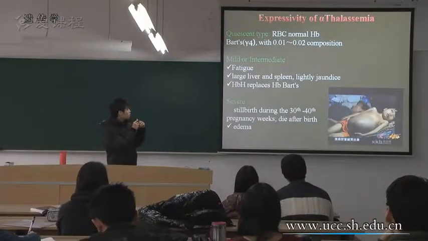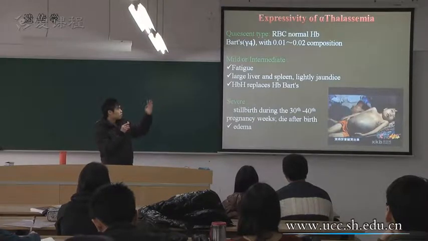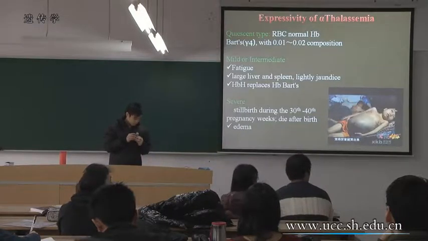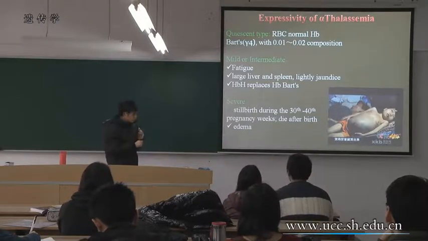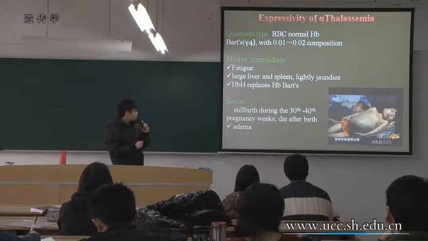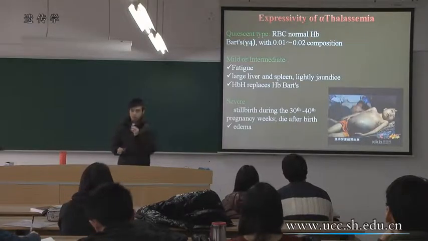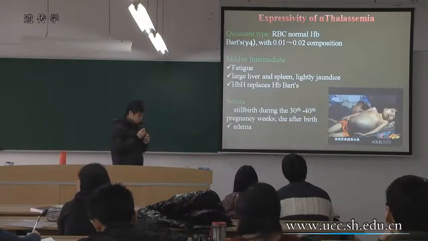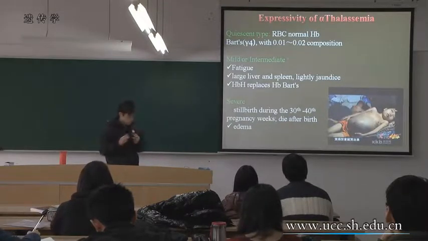And hemoglobin Bart's means the hemoglobin is constituted of 4 gamma globin genes, and this kind of hemoglobin will disappear 3 months after birth. The intermediate form is due to the loss of 2 or 3 alpha genes.